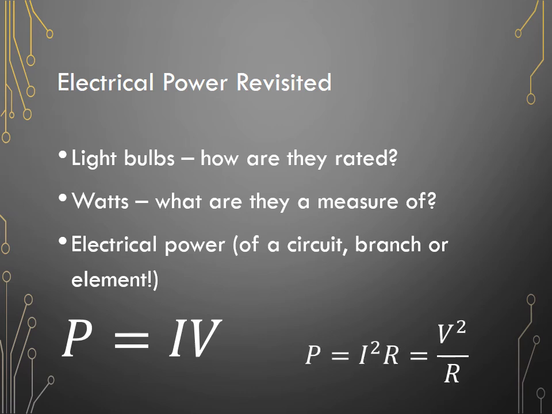If P equals IV and I don't have voltage, well, voltage equals I times R, so it's I squared R. If I don't have the current, I have V over R times V, so I get V squared over R. The only one of these that's on your equation sheet is P equals IV, but don't forget that you can combine P equals IV, the power of something in an electrical circuit, with Ohm's law, and rearrange for the variables that you have and that you need.